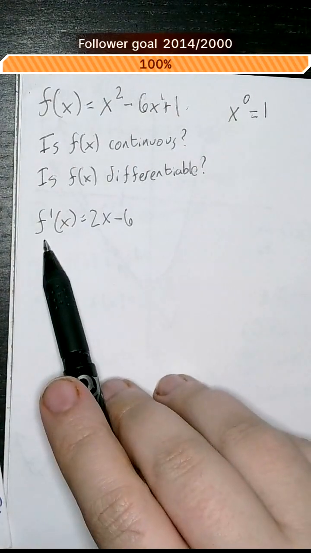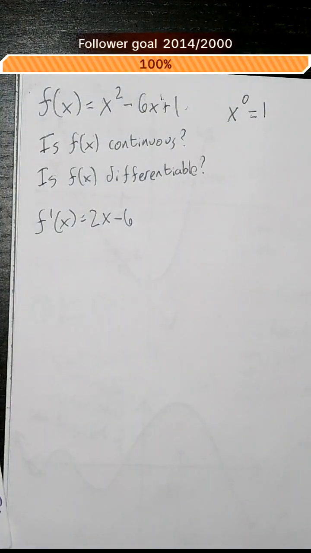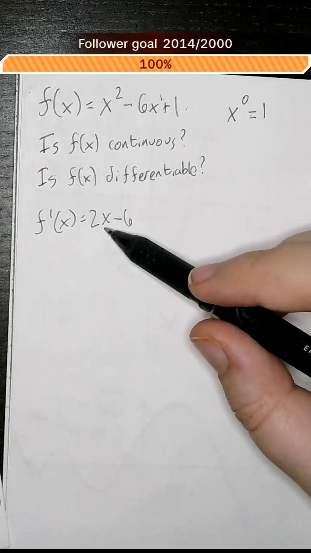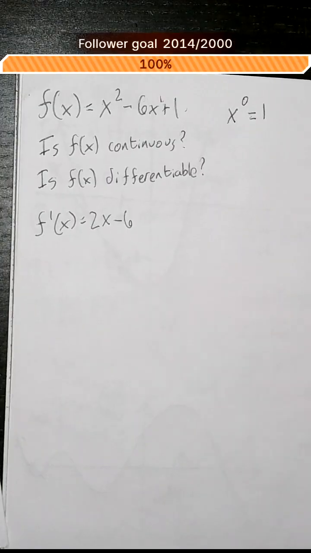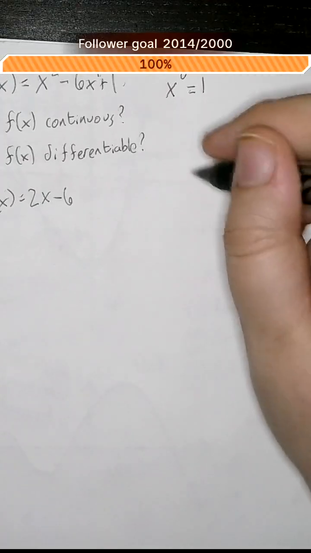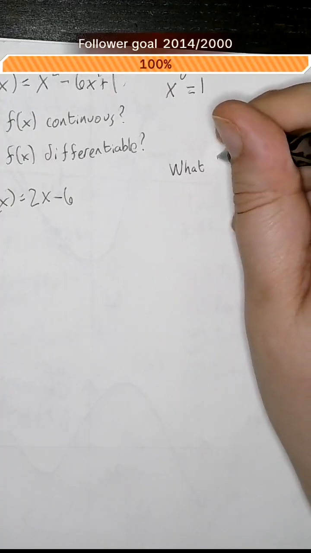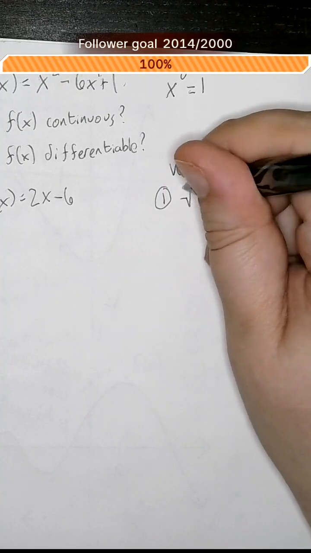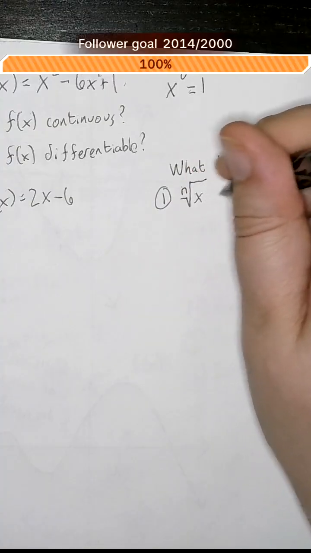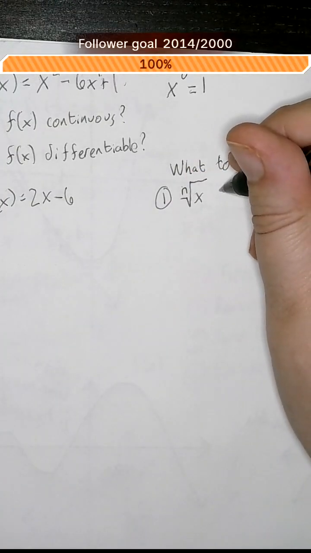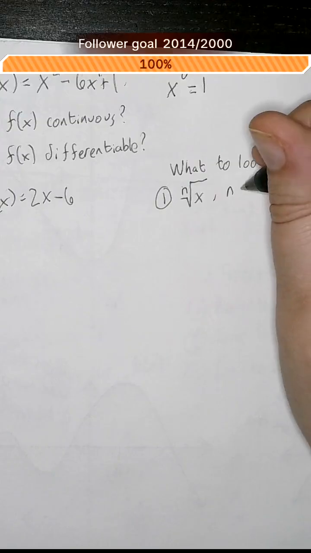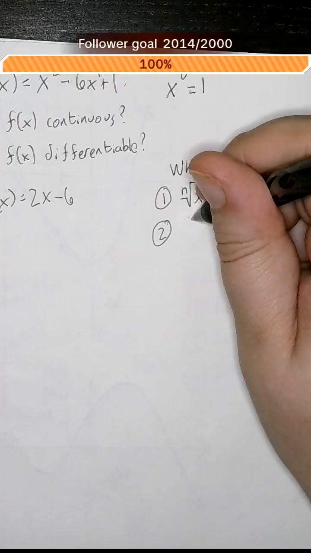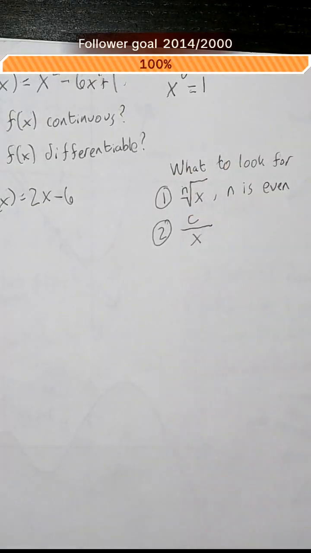So here, what I need to do is look and see if my derivative exists for all x in the domain. Well, I don't see an even root. So here's what to look for: 1, any even power of x, any even root of x, or 2, something over x.